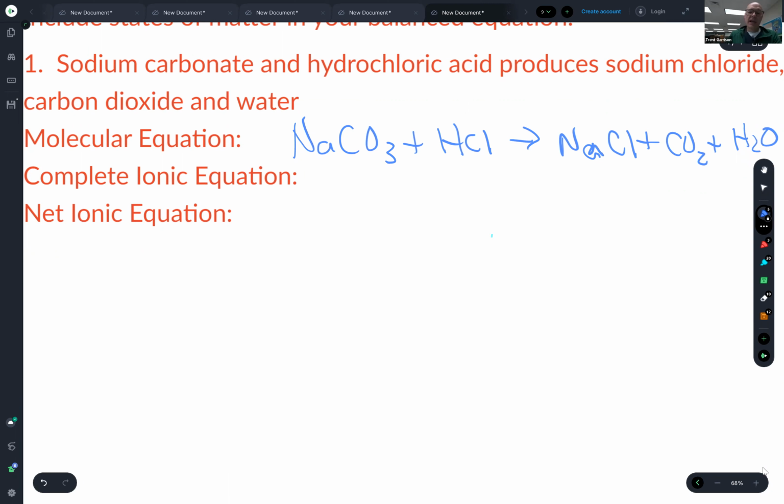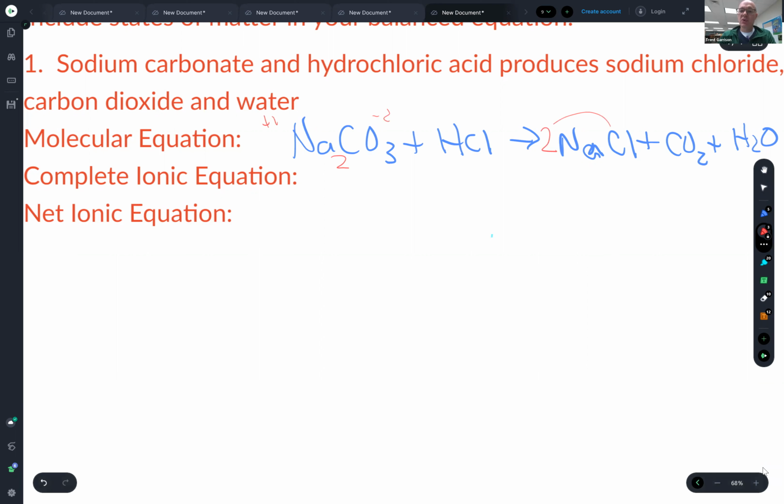Now, first off, the products are all balanced except for the sodium carbonate. It needs a 2 here, and that's because the charge on carbonate is -2 and the charge on sodium is +1. So now it's all balanced, but the reaction itself is not balanced. I've got those 2 sodiums, meaning I need to put a 2 right there.